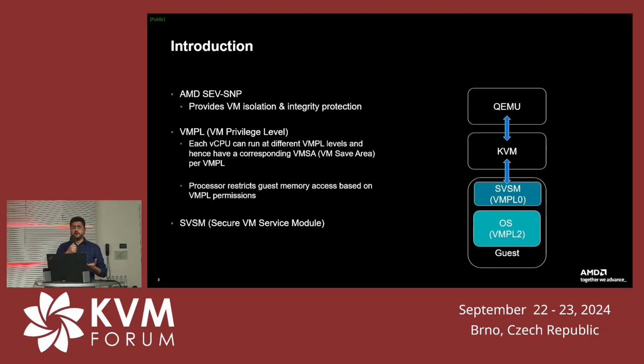We plan to use the SVSM to do the live migration packaging and other things. Another important point is that VMPL address sharing and restrictions at the address level are enforced by the hardware itself. In the diagram, you can see SVSM runs at VMPL0, the guest OS at VMPL2, and then normal KVM and QEMU on the host side.